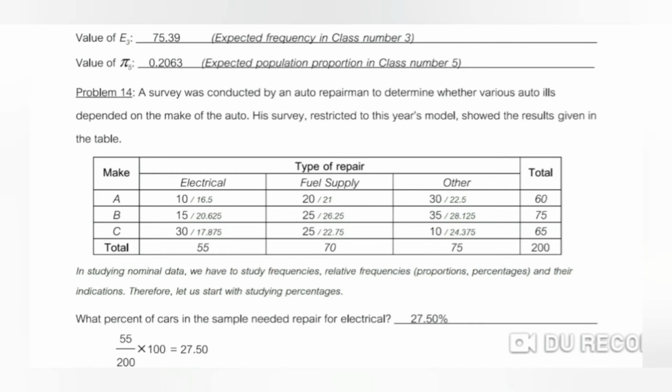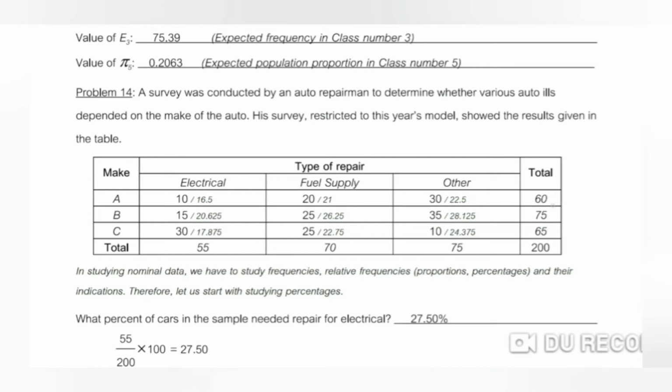This is R2, row 2 total frequency. Similarly, the last row, row 3: O31 is 30, O32 is 25, O33 is 10. O31 plus O32 plus O33 is equal to R3, row 3 total frequency 65.